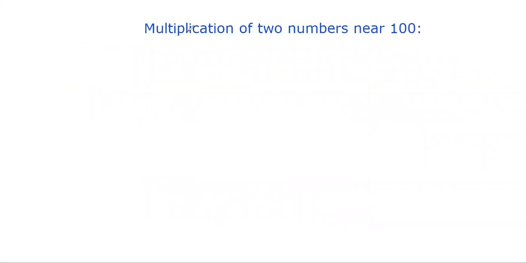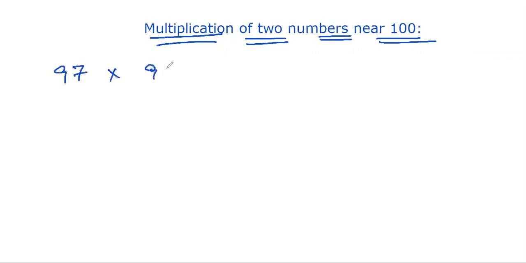So here this concept, multiplication of two numbers near 100. So I am taking a number here. 97 is multiplied with 92.